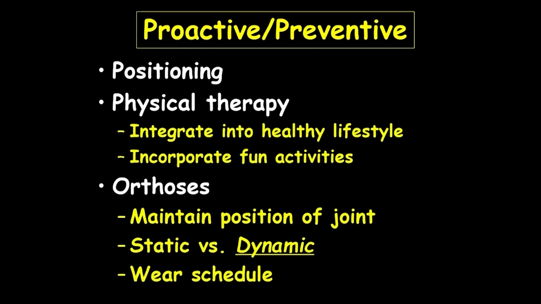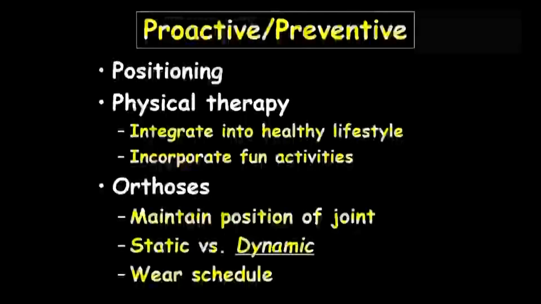Physical therapy for stretching and maintaining range of motion as well as for strengthening muscle groups is essential and really should be integrated into the healthy lifestyle so children don't look at this as an encumbrance. Orthotic devices or braces can really be helpful in maintaining the position of the joint. There are also dynamic braces available, for example, for the elbows and knees that provide gentle, constant stretch, and these are typically worn at night. The wear schedule will vary amongst these.